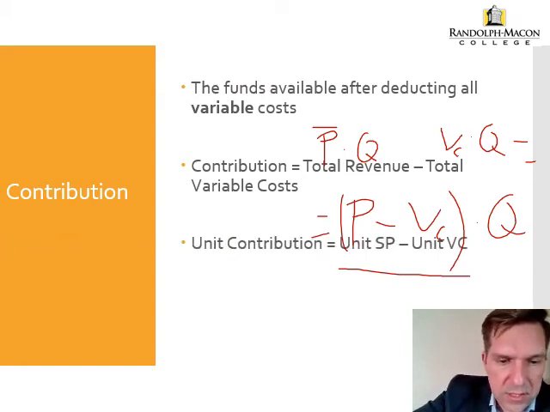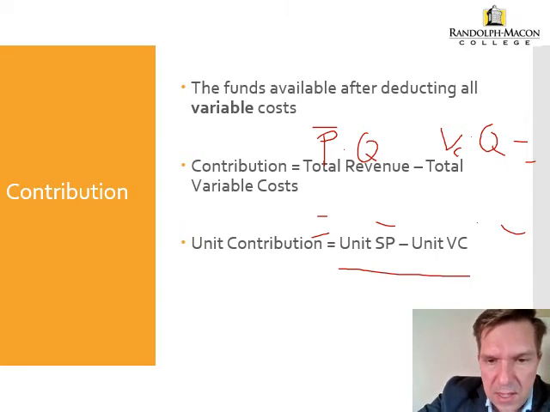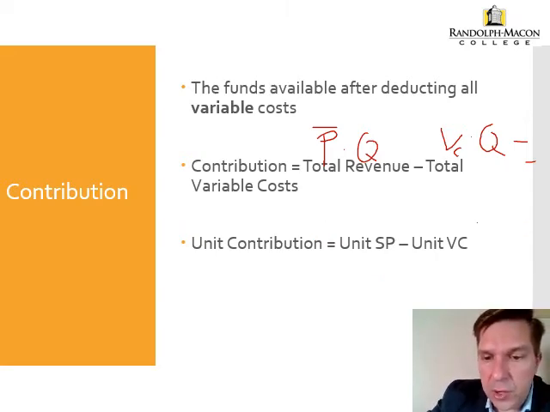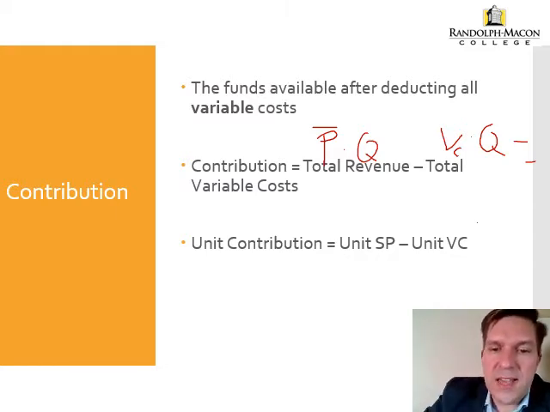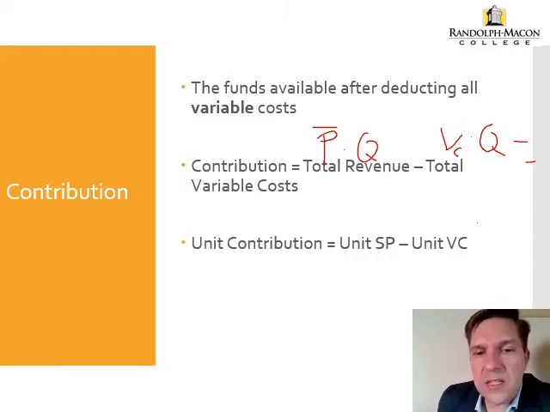And now you cannot see this. Let me erase it. Unit contribution will be the same thing. All we do is divide by Q, because now we're doing it per unit, and that's going to give you your unit price minus your unit variable cost.